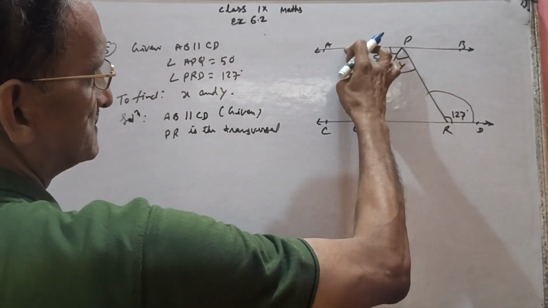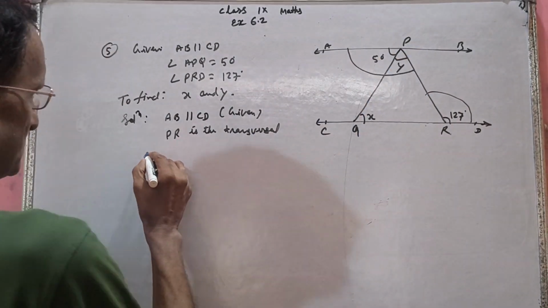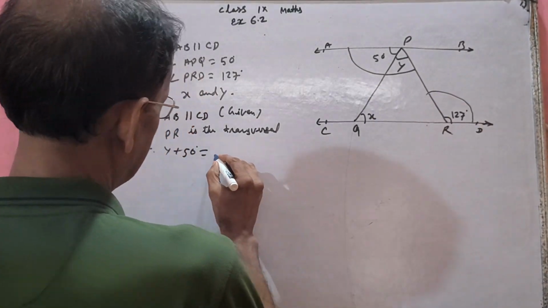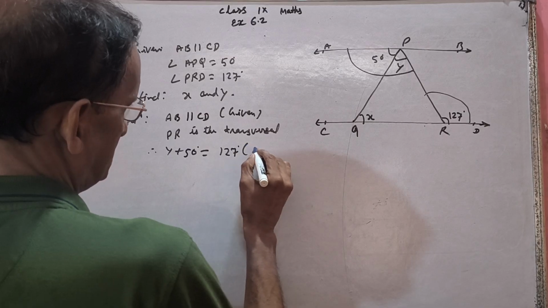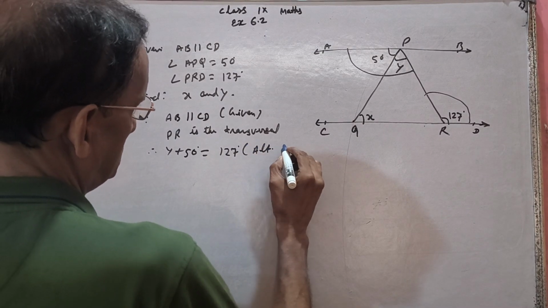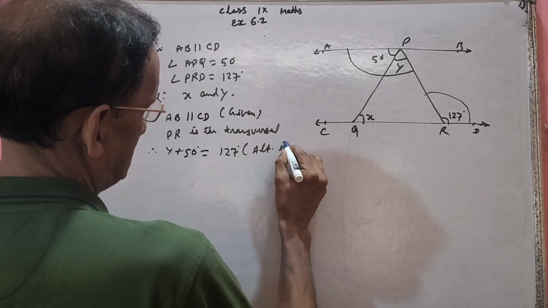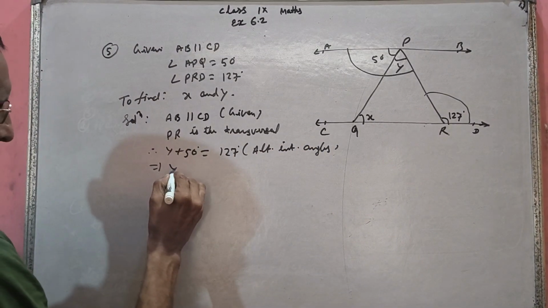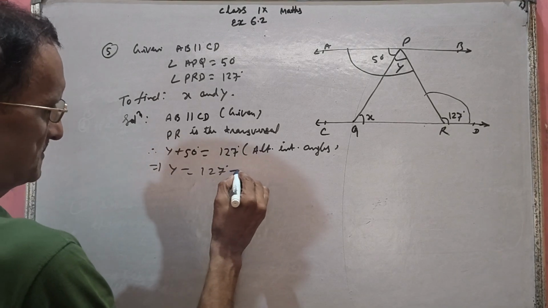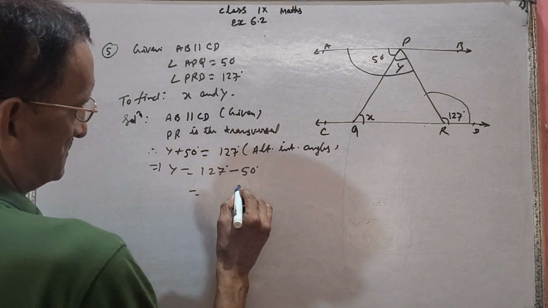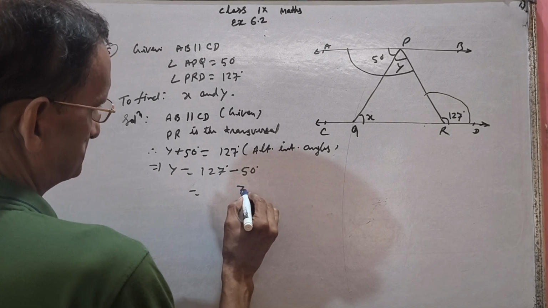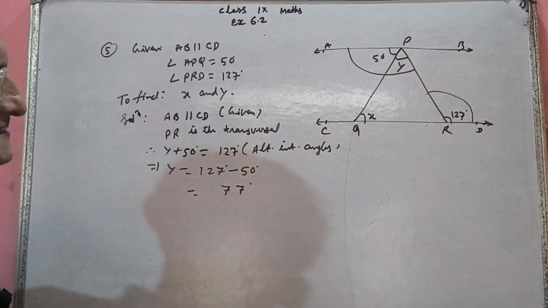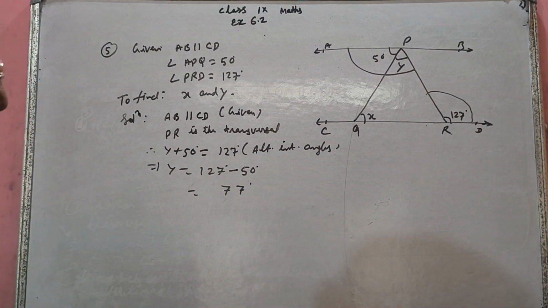So, what is this angle? Y plus 50 degrees is equal to 127 degrees. What is the reason? Because they are a pair of alternate interior angles. Okay. So you can calculate Y from here, no? 127 minus 50. So how much do we get? 77 degrees. Okay.